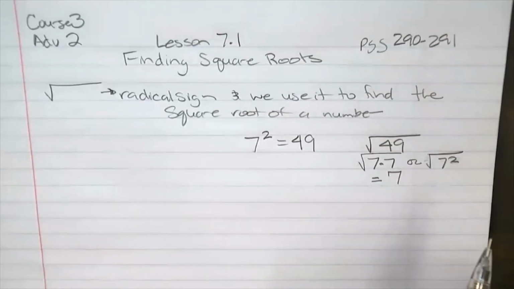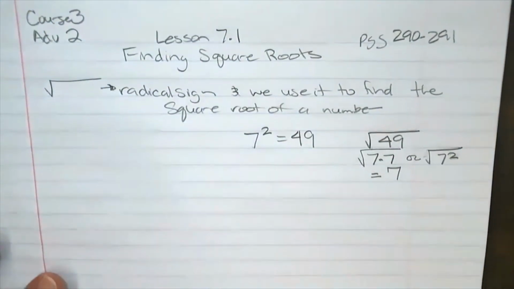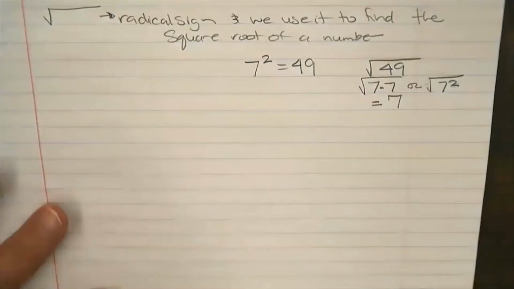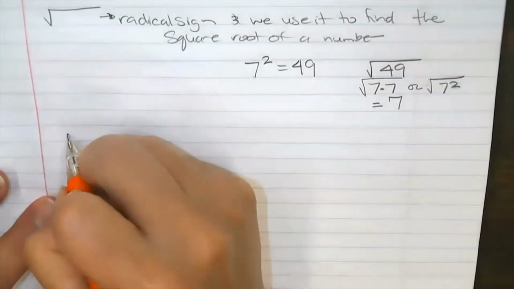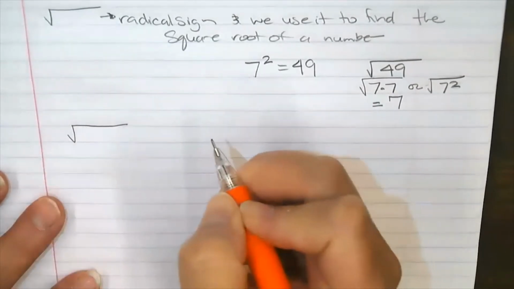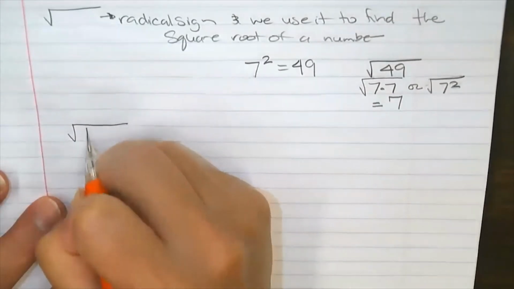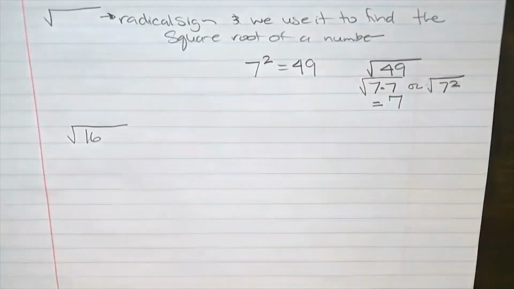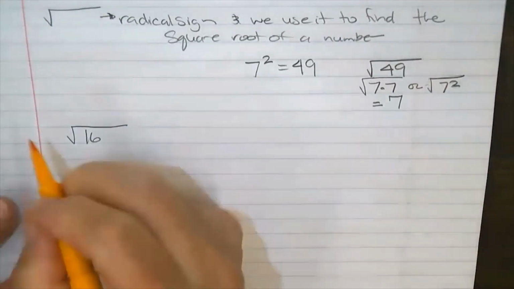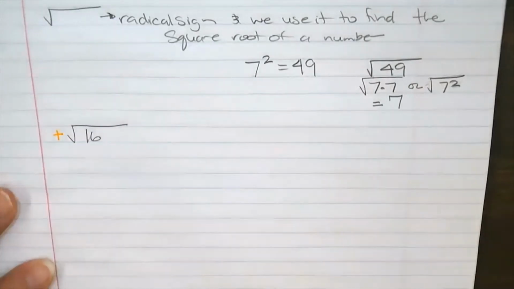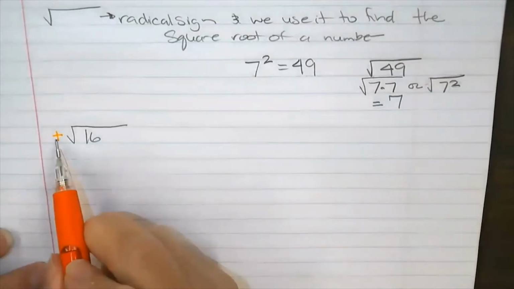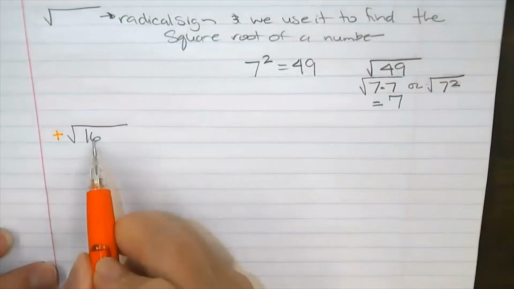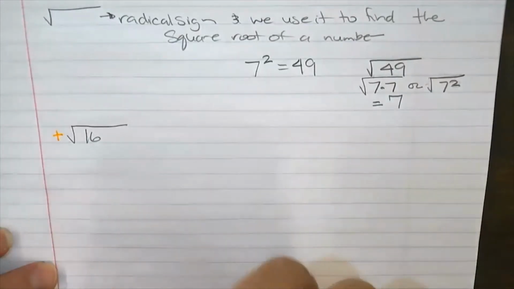So let's do some examples. If you have just the radical sign, there is an invisible positive sign in front. It's there, it's just invisible. So this means we're looking for the positive square root of 16.